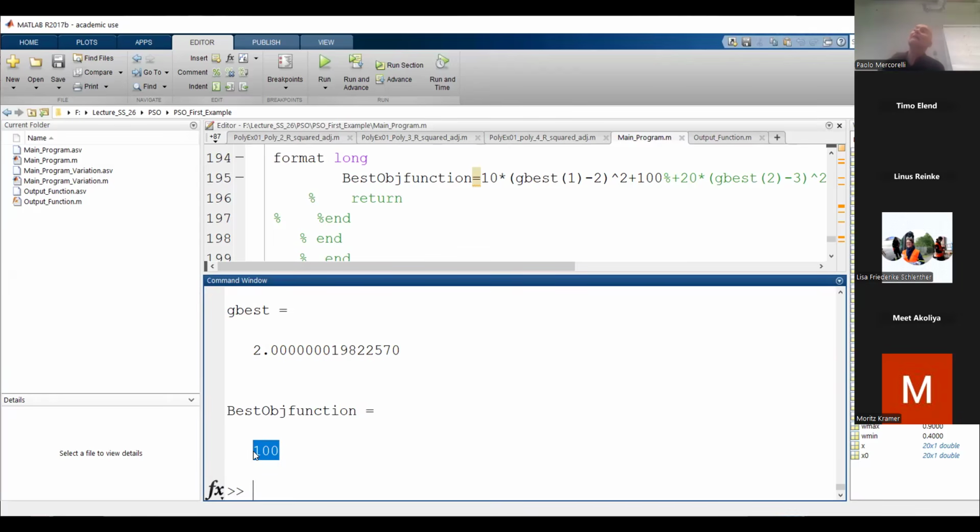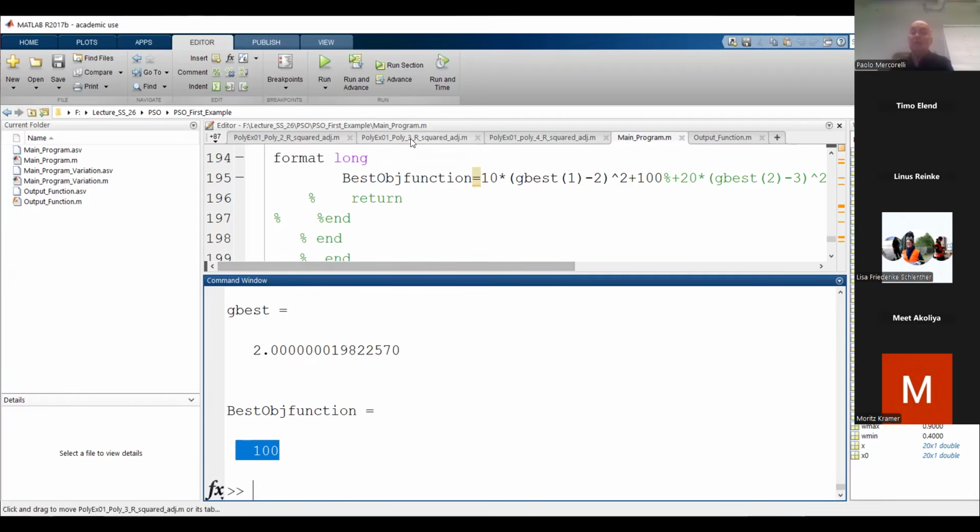Probably it depends on how the cut of the calculation is set. I cannot explain why. Try to use VPA with digits, but it's not relevant for us. Of course, it's not 100, because 100 is at 2. We are not at 2.